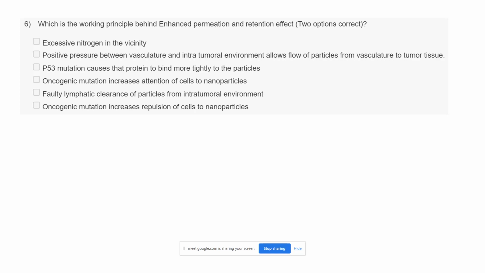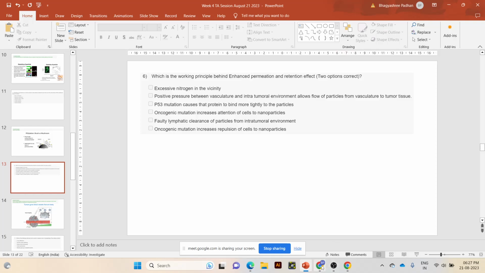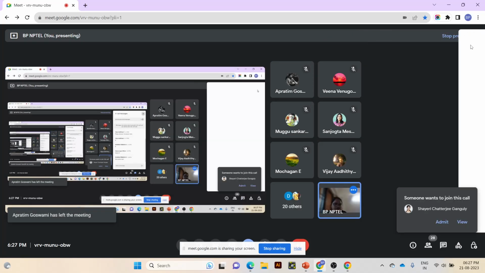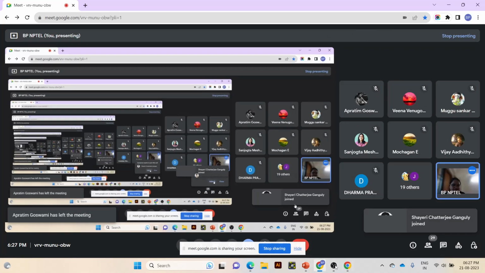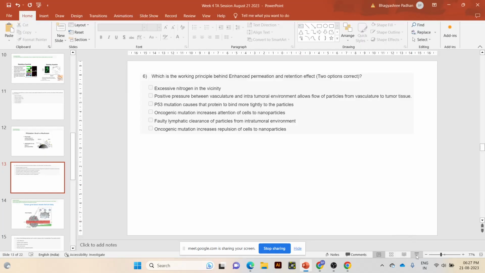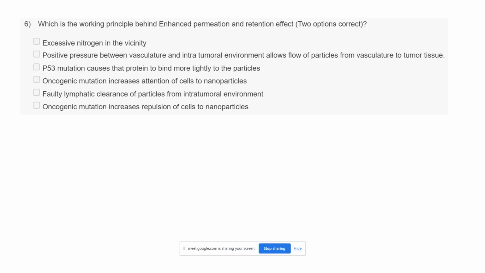Now, the next question: which is the working principle behind the enhanced permeation and retention effect? You have to select two options. Excessive nitrogen in the vicinity.